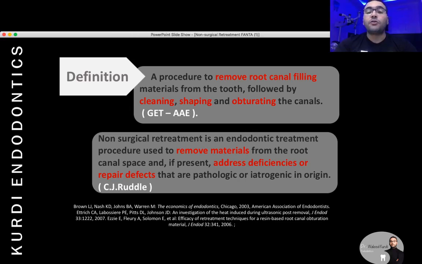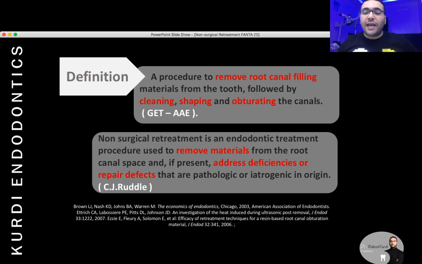Now, if we are going to define non-surgical retreatment, we have three main definitions. The first one, from the American Association of Endodontists, is a procedure to remove the root canal filling and to do cleaning, shaping, and obturation. By the way, it's a very easy definition, but it's not complete or sufficient for defining this somewhat complicated non-surgical retreatment.